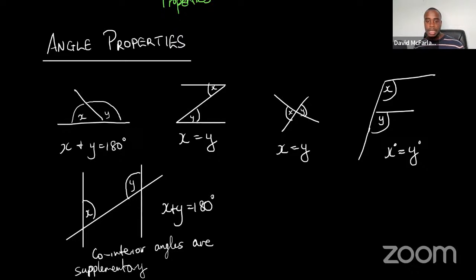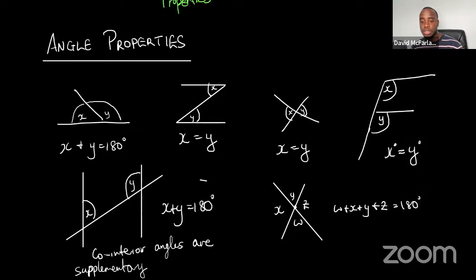All right, that's it. I think it's safe for us to put the one for 360. Angles at a point sum to 360. So if I had a point here, and I had angles W, X, Y, Z, then W plus X plus Y plus Z is equal to 360.